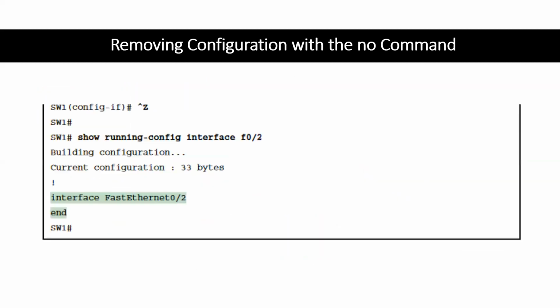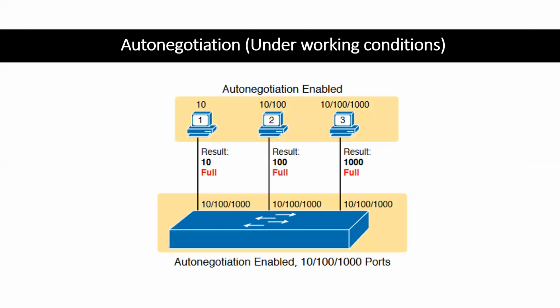So let's go ahead and talk about how that looks under working conditions. If we take a look at this, it's self-explanatory. Working conditions, we see this picture, maybe just like we were speaking about in my example.